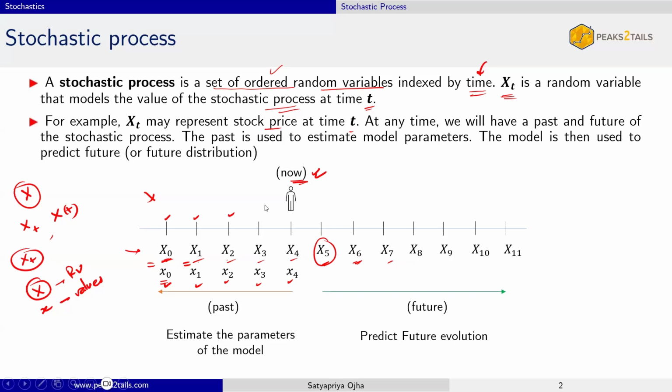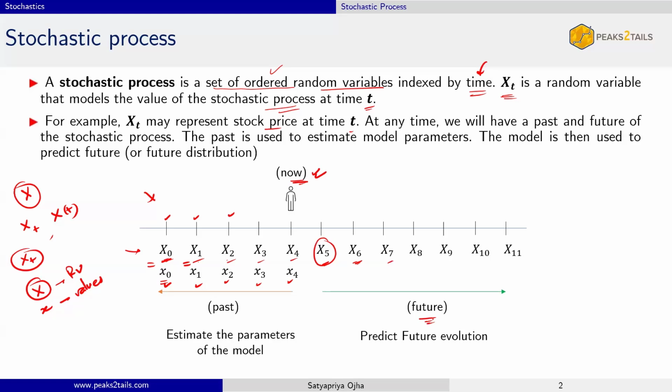All right, x5, x6, x7, these things are not known, so these are random variables. Right, so please understand this particular picture. Some of the realizations have already happened and some are still random, so this is all in future.